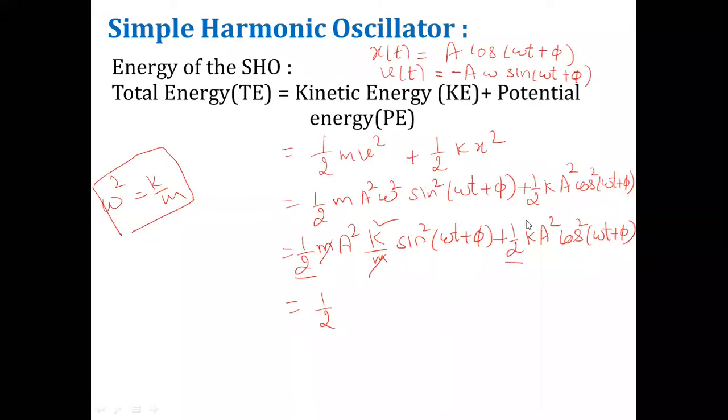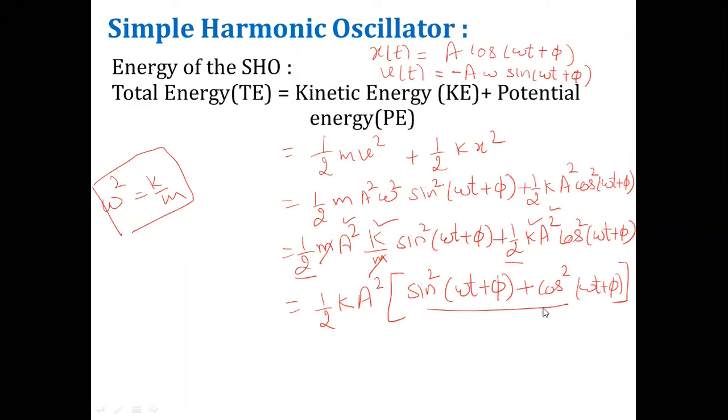Spring constant k is also constant, take it out. It's common in both of the cases. A square is also common in both of the cases, so you can take a square also out. You will be left with sine square (omega t plus phi) plus cos square (omega t plus phi). This term is equal to 1. That means your total energy would be equal to this number here, 1 by 2 k a square.